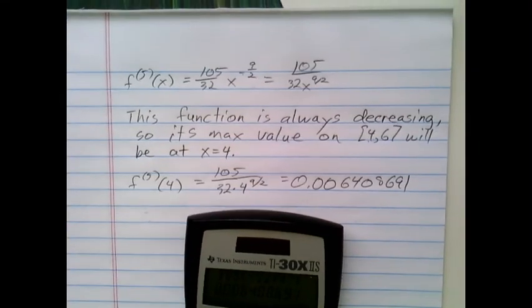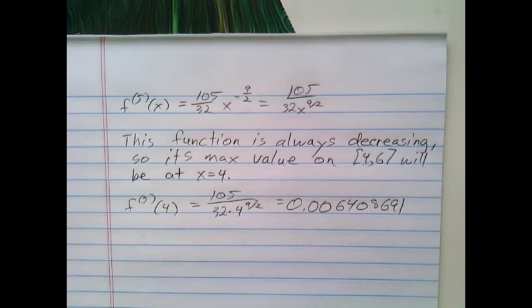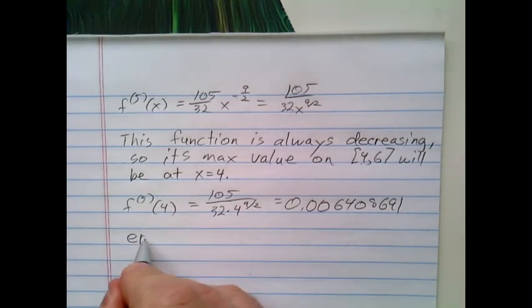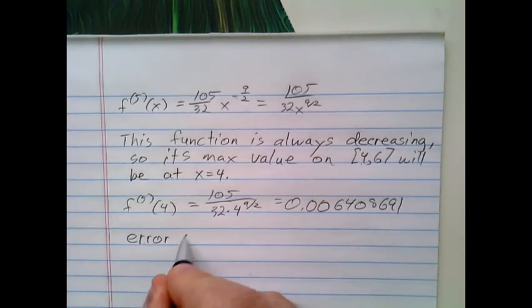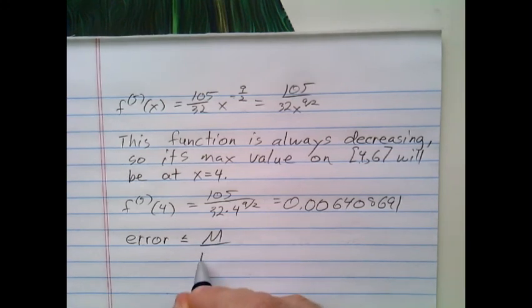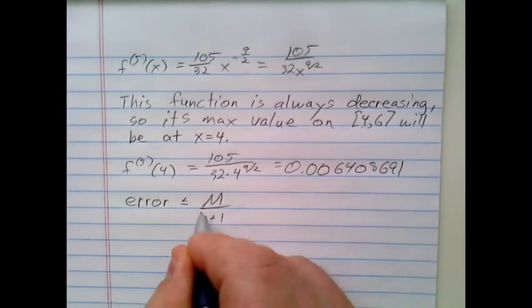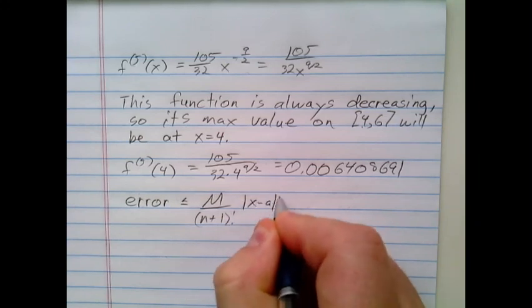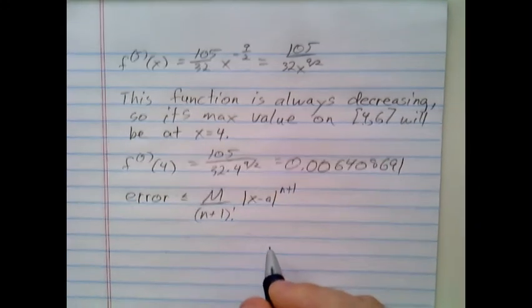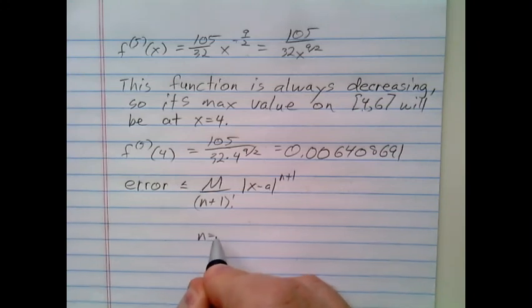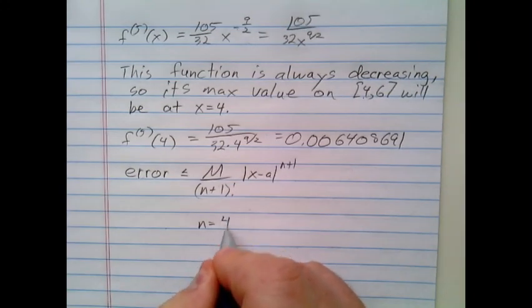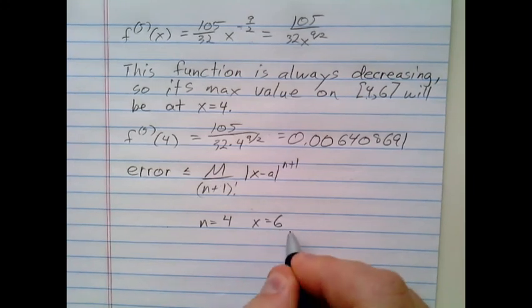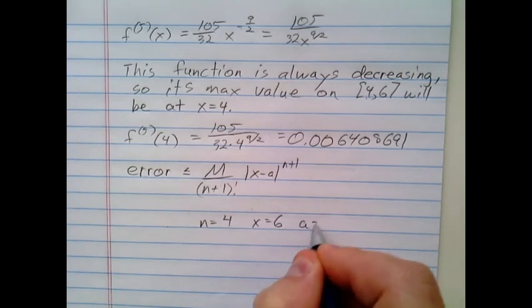Now remember, to get our error, the error is less than M over n plus 1 factorial times the absolute value of x minus a to the n plus 1. Here, n was 4, x was 6, and a was 4.